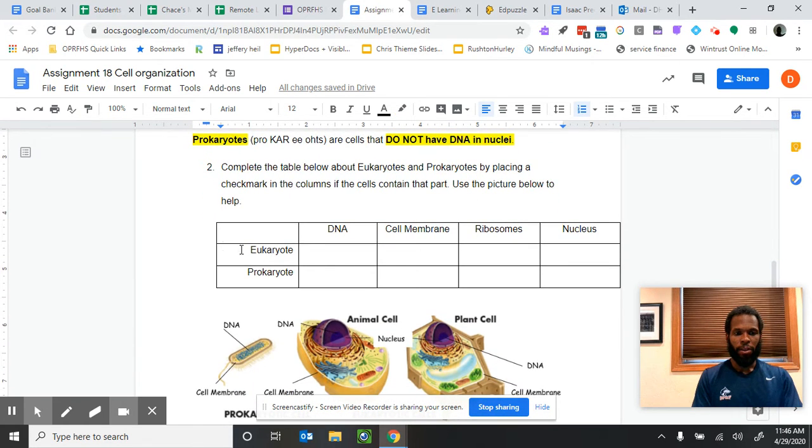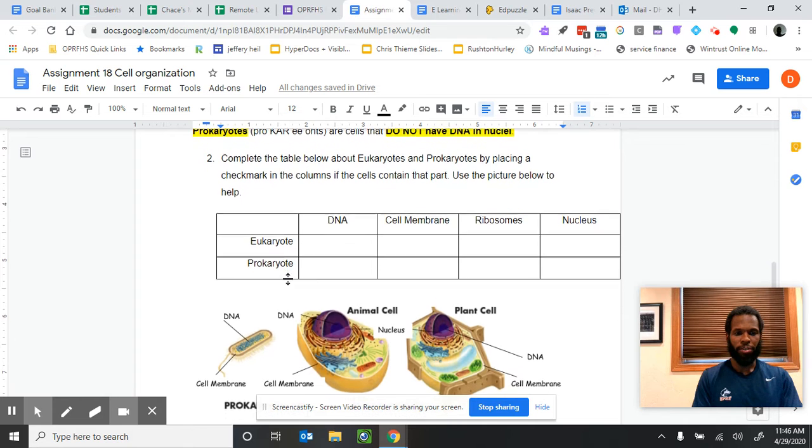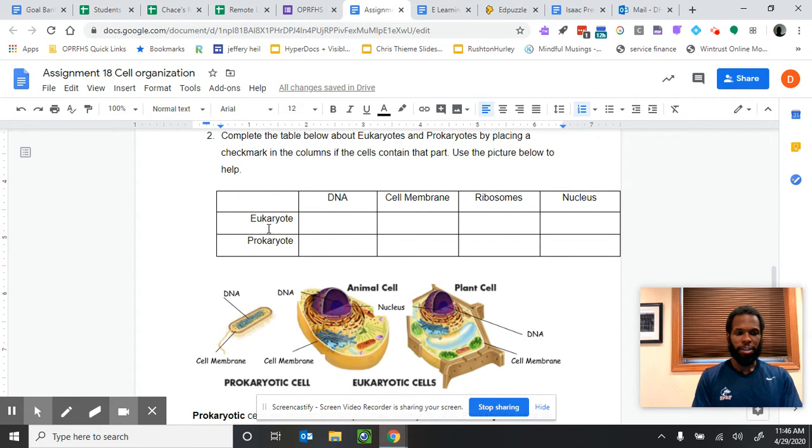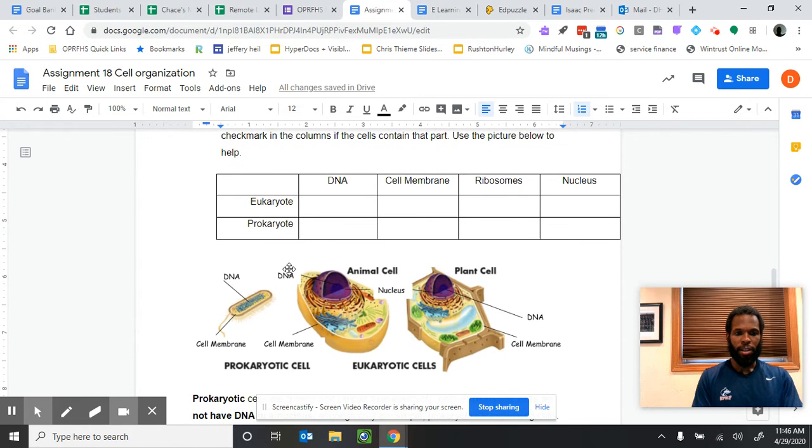So eukaryotes and prokaryotes. Eukaryotes, does it have DNA? So let's go down to here. Let's see, DNA, yes. So eukaryotes have DNA. Does the prokaryote have DNA? Yep, sure does. Cell membrane.